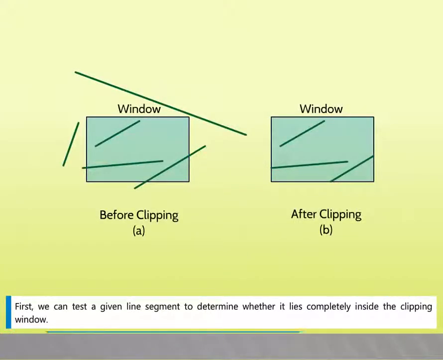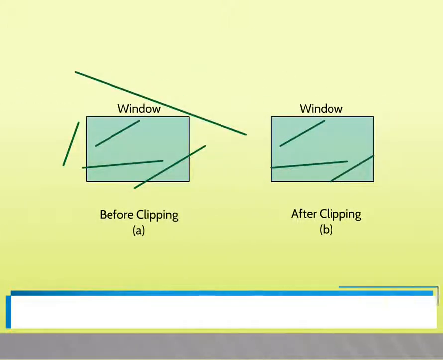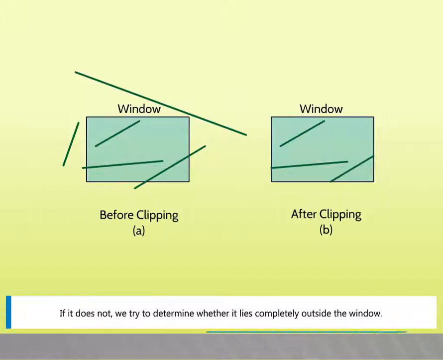First, we can test a given line segment to determine whether it lies completely inside the clipping window. If it does not, we try to determine whether it lies completely outside the window.